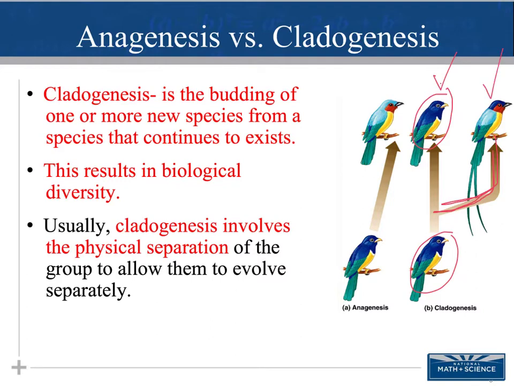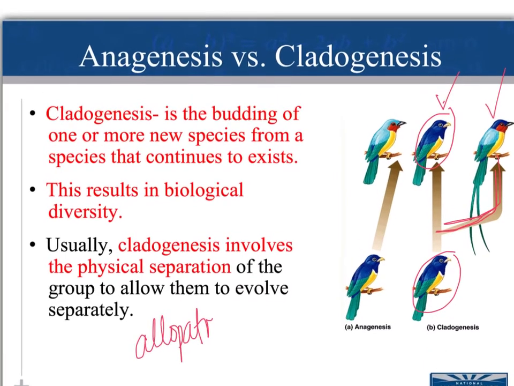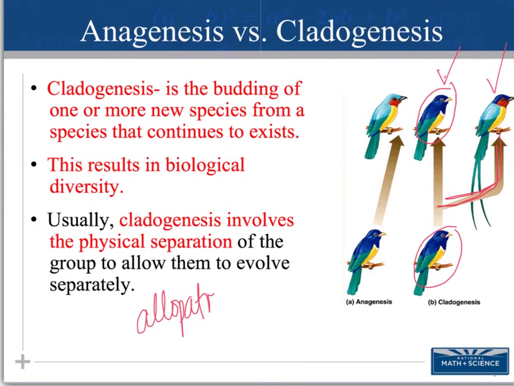Normally what happens with cladogenesis is we have some kind of physical separation. So again, allopatric speciation. Okay, so something physically separated them like a huge mountain or something, and prevented them from continuing to mate as one species.